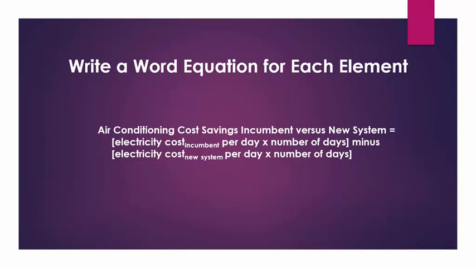The electricity cost of the incumbent per day times the number of days the system is used, minus the electricity cost of the new system per day times the number of days that that system is used, so that the difference here are the cost savings that are generated by using less electricity.